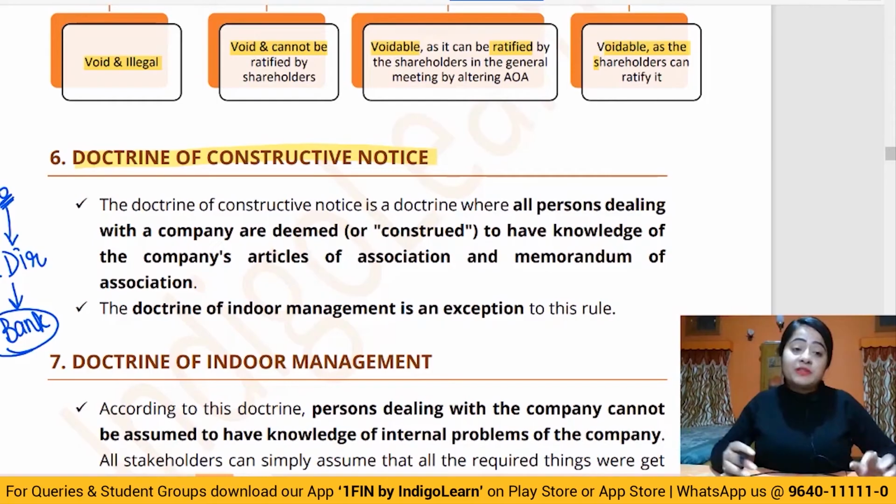However, the company refused to make the payment. In this case, it was finally decided, this is a particular case study, that it was the bank's fault. The bank should not have given the loan to the company, because it was stated in the Articles of Association that the loan is only allowed when 2 directors go to obtain the loan, whereas the bank gave the loan only when 1 director came, right? So here it was assumed that the bank had the knowledge of the articles and memorandum. So here the bank cannot say that it did not know.